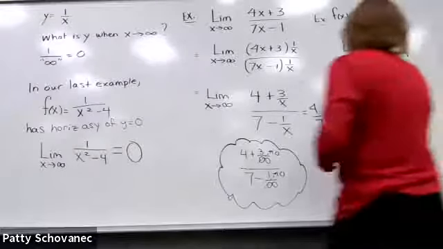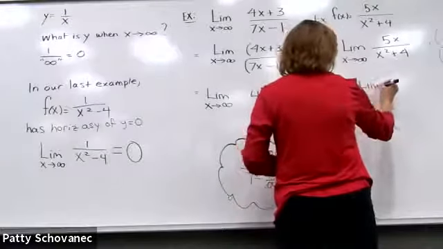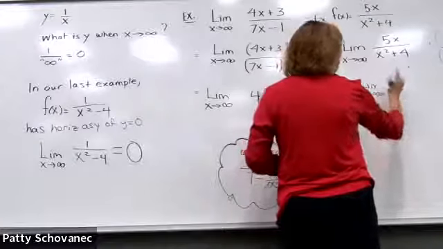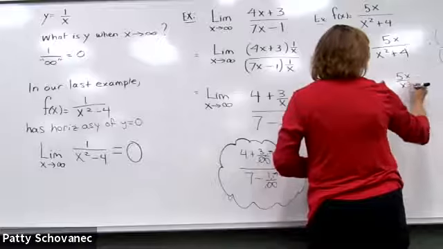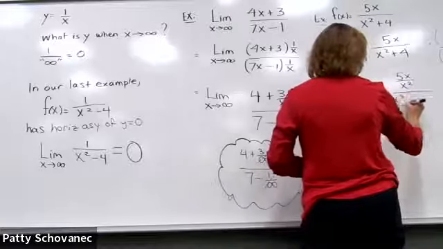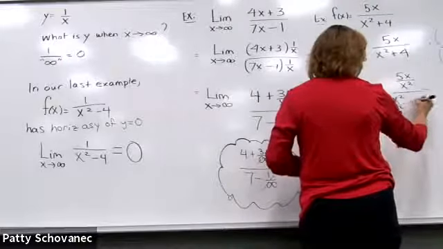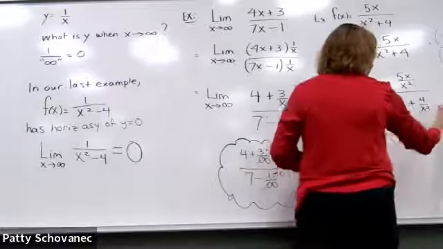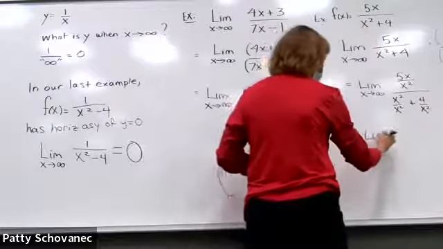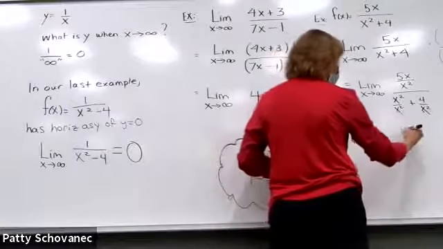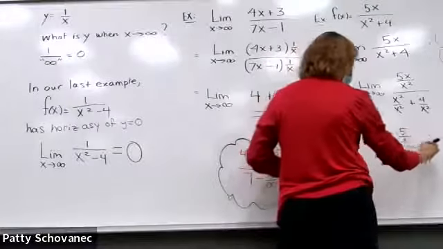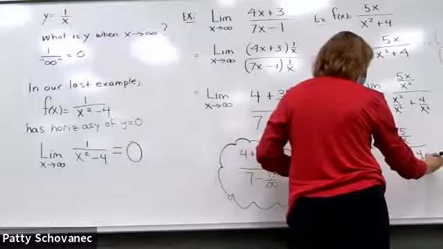And so when I do that, I get the limit as x goes to infinity. I'm going to have 5x over x squared, then I'm going to have x squared over x squared plus 4 over x squared. That's going to reduce to 5 over x, over 1 plus 4 over x squared.